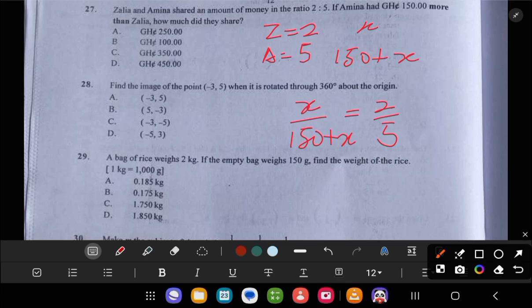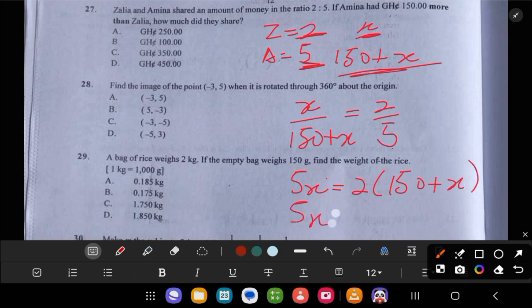Why am I doing this way? I'm saying that if this x equals 2, then 5 equals 150 plus x. So you cross multiply, you're going to have 5x equals 2 times 150 plus x.